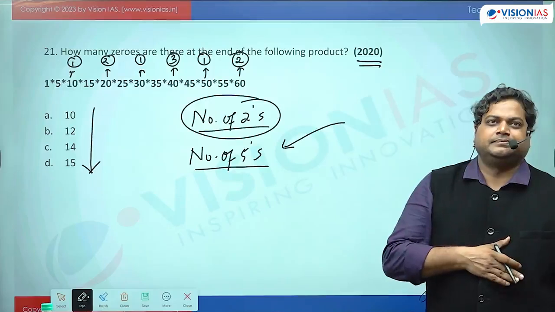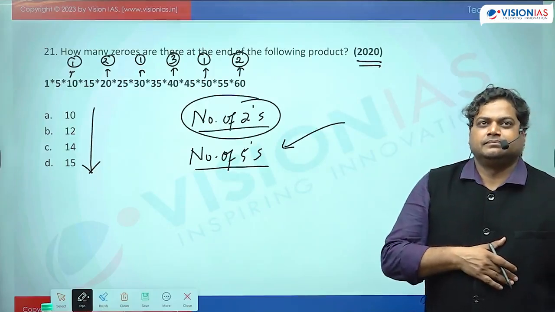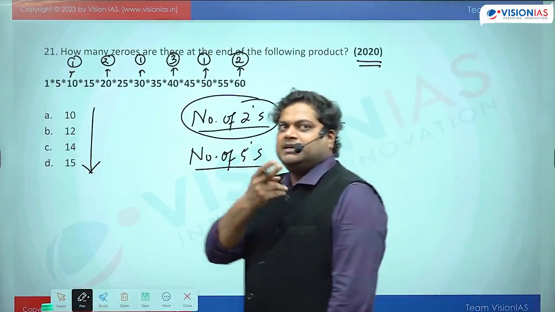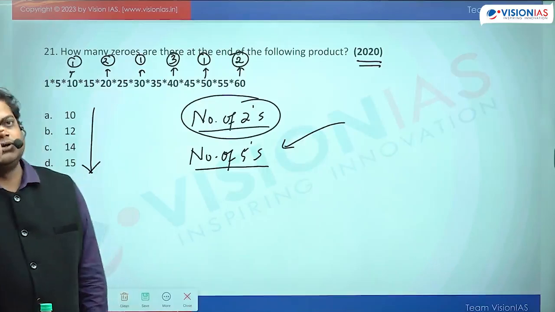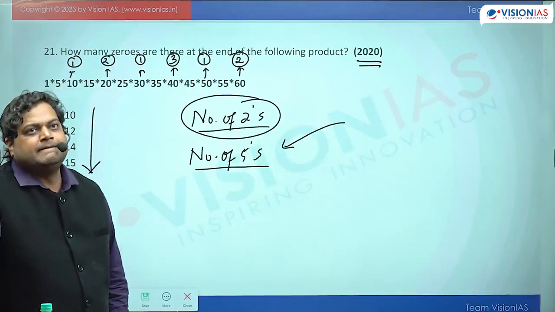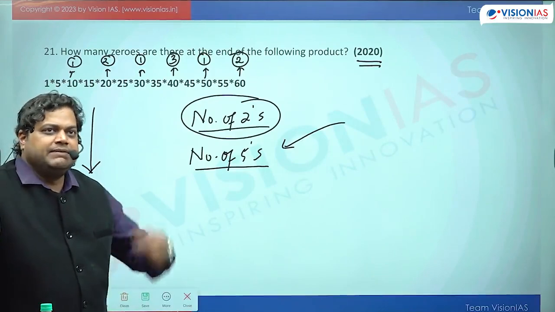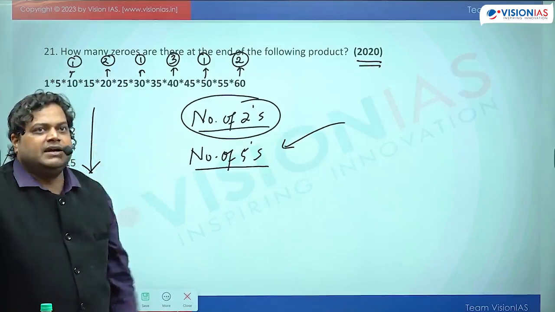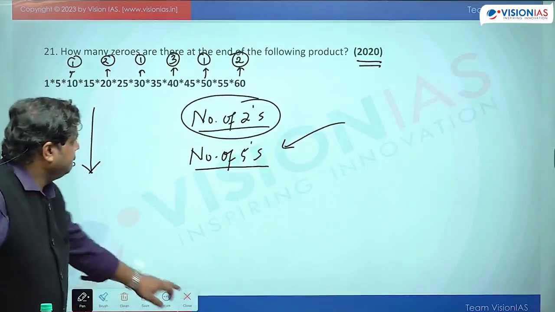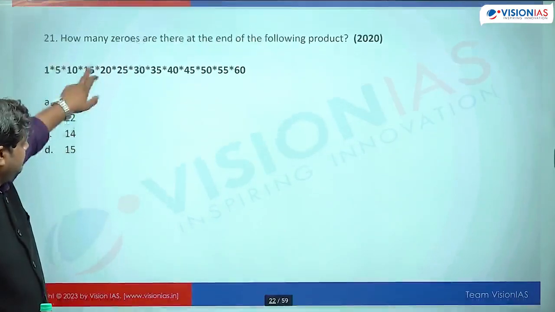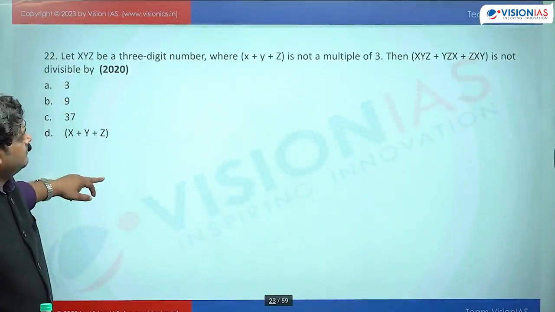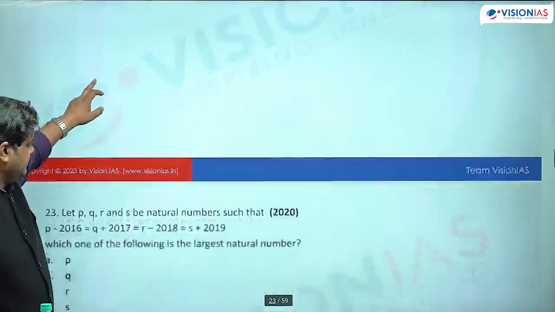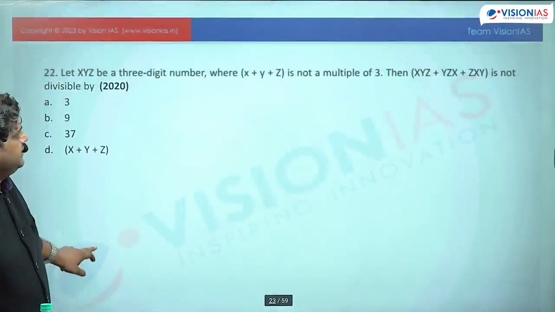There we simply apply that the sum of the digits must be divisible by 9. So for what value of A will that number be divisible by 9? Only one value was coming, we had taken only one value. This is the question we can do. Let's do this question.